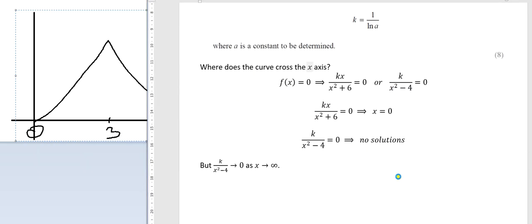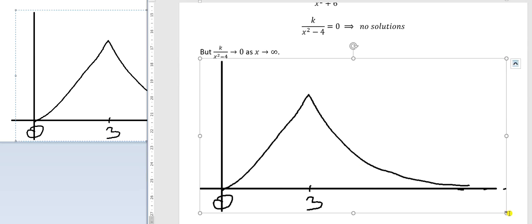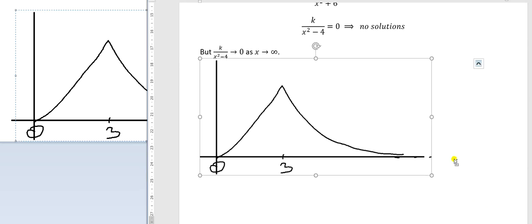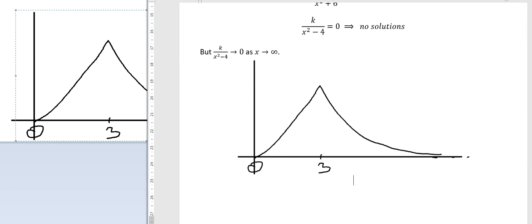And that means that this question is going to involve improper integrals. We want the total area under the curve, which effectively means we need to find the integral between 0 and infinity of f of x.